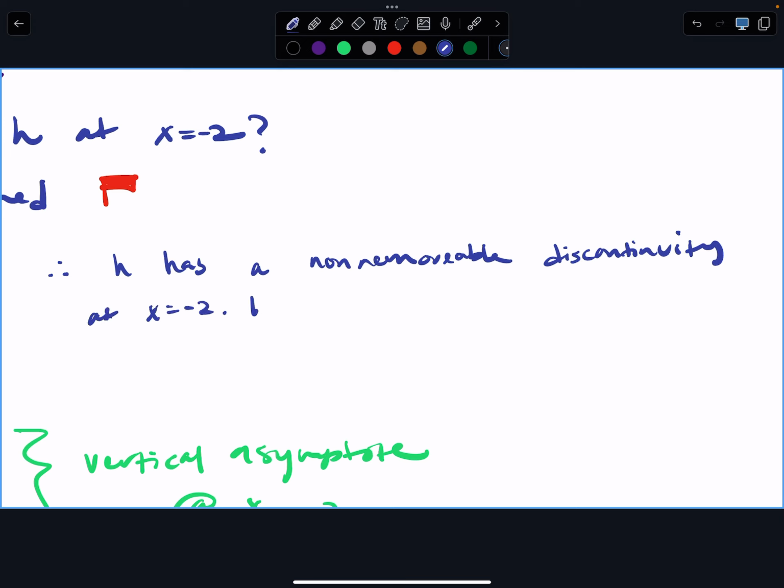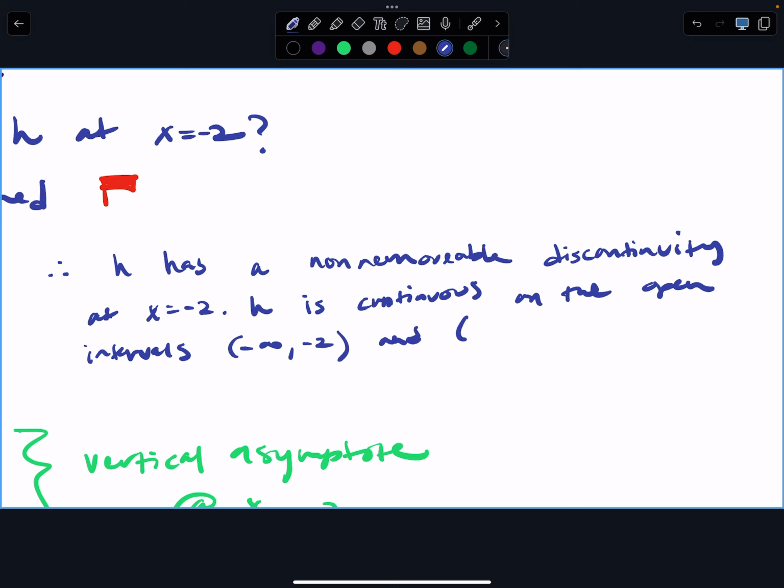We could also say that h is continuous on the open intervals from negative infinity to negative 2 and negative 2 to infinity.